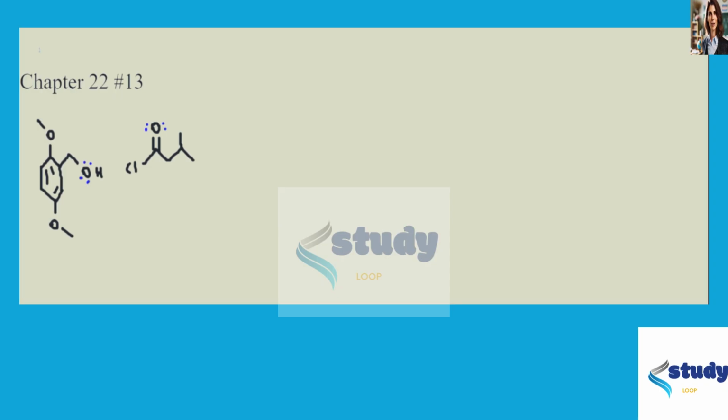Okay, so the first step is going to look like this. One of the lone pairs of the alcohol will act as a nucleophile. And so we'll get this.